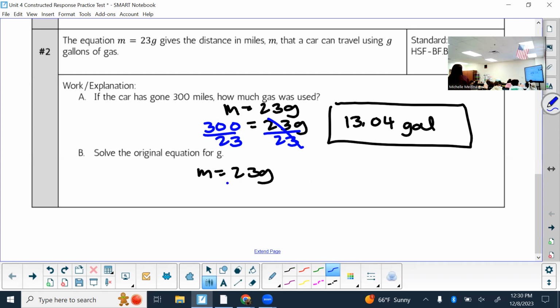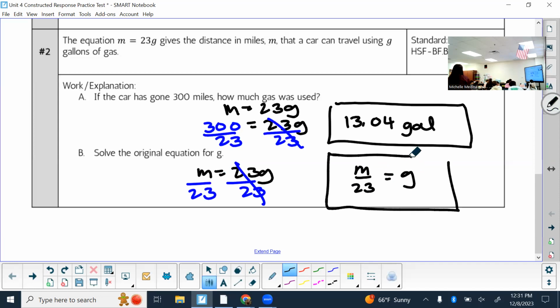Whatever you do on one side. And then is the G alone now? So the G is alone. I can't combine anything or simplify anything on the left side. They're not like terms. So that's as far as you can go. And the G is alone, so that's technically solved for. Does that make sense?